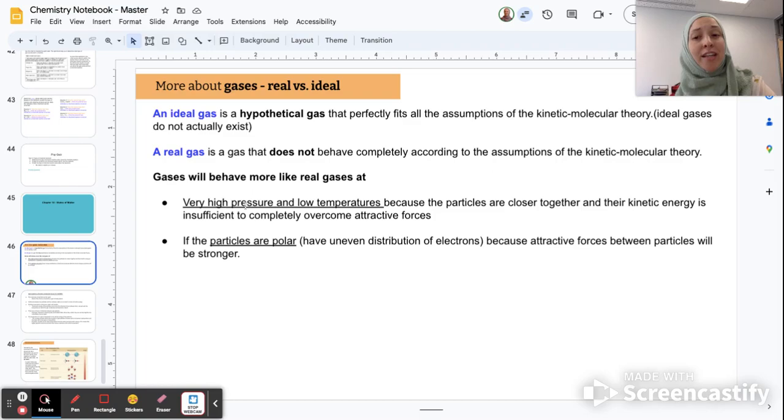However, when there's a lot of pressure and the particles are put closer together, or when the temperature is very low and motion is a little bit less, we're going to have more deviation from an ideal gas. If the particles are polar, because the attractive forces between particles are stronger, we're going to have more deviation. It's going to behave more like a real gas.